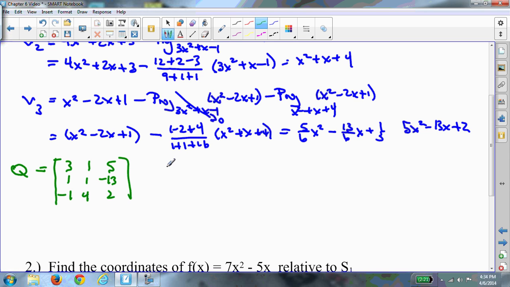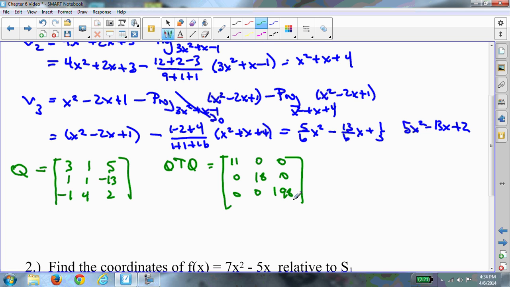And then if I did something like Q transpose Q, I would get the diagonal matrix 11, 0, 0, 0, 18, 0, and 0, 0, 198. So that's one way you can always tell if a set of vectors are orthogonal: find them as column vectors, do a Q transpose Q. If it's diagonal, then you know it's orthogonal.